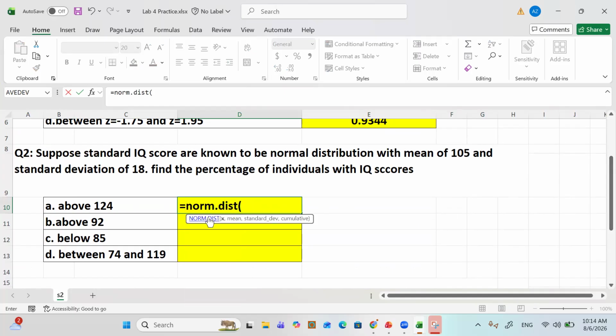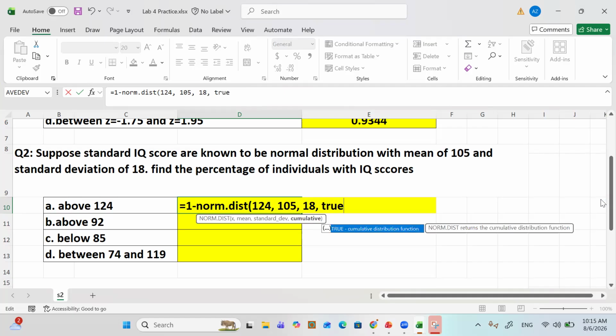Basically it's just the normal distribution, putting in x values, but because it's above, it'll be 1 minus. This formula will always give us the area to the left. If you want the area to the right, you do 1 minus the area to the left. Putting x value 124, mean 105, standard deviation 18, accumulating everything to the left.